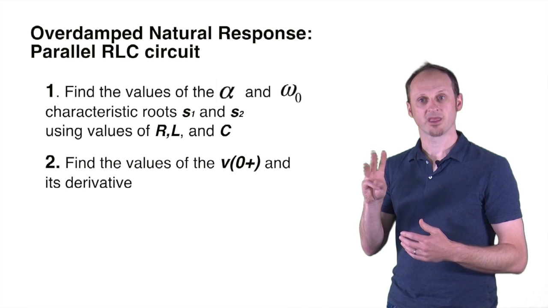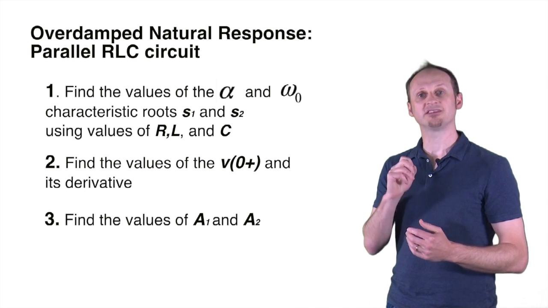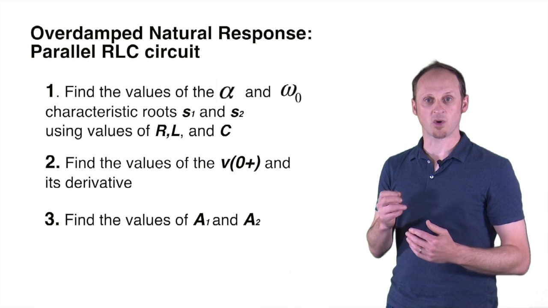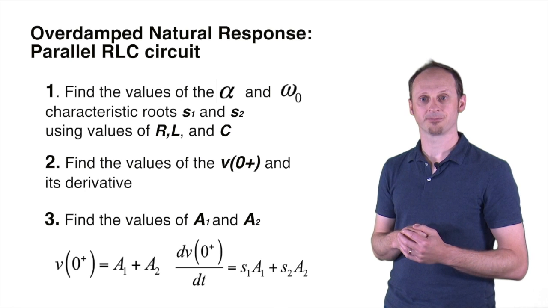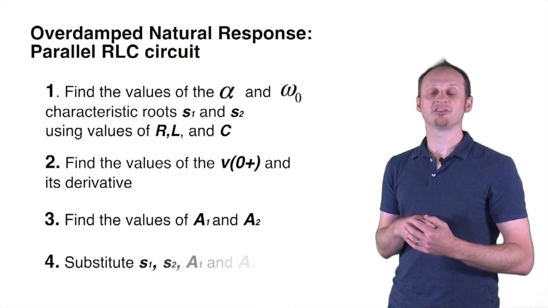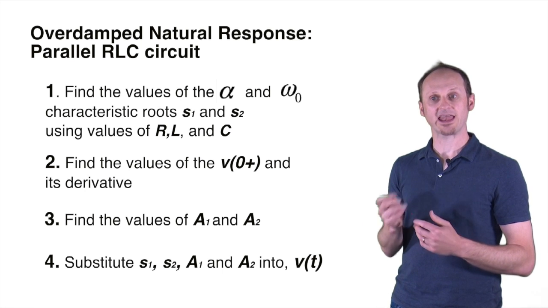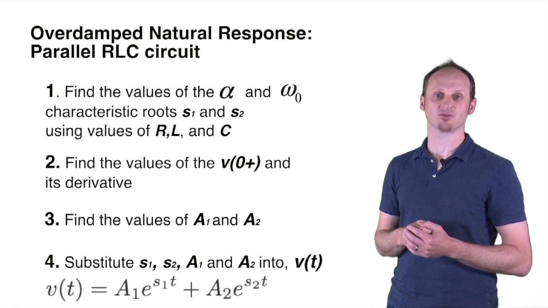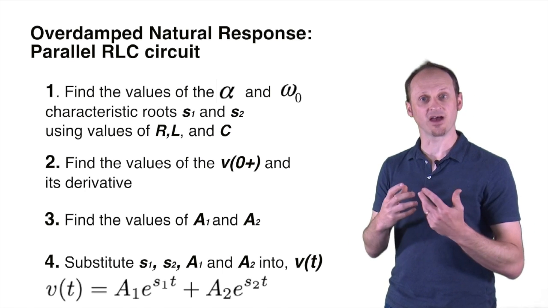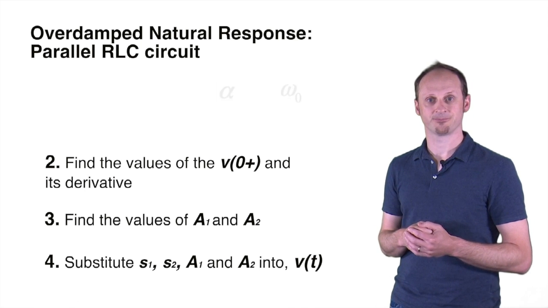Step 3, find the values of A1 and A2, those constants, by simultaneously solving the equations we just derived before and shown below. Step 4, substitute those values for S1, S2, A1 and A2 into our general form for the overdamped natural response solution, and this is valid for t greater than or equal to 0.